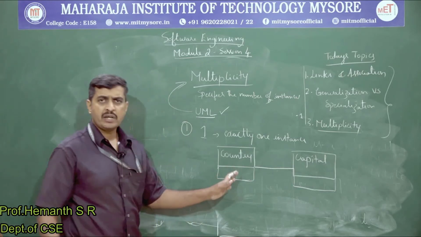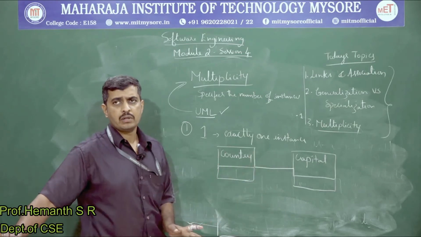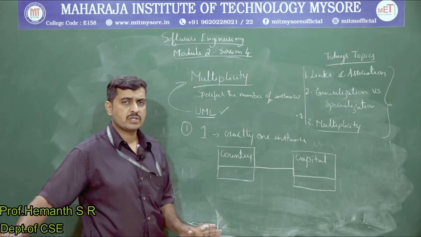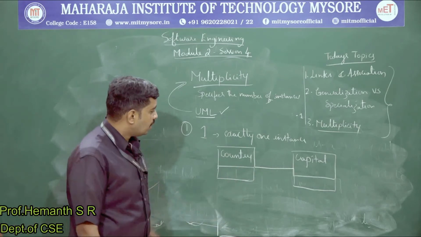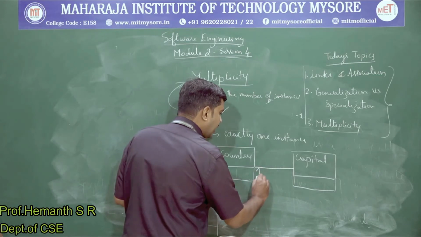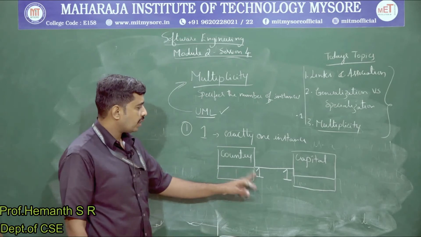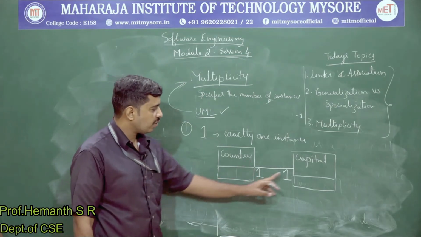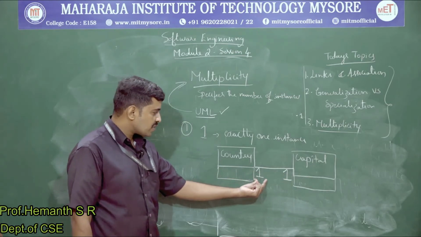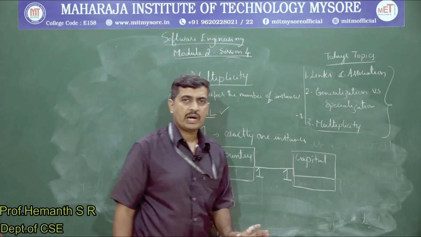Generally we know one single country can have only one capital. We cannot have more than one capital city in a country. That is the basic general knowledge. So in this case, I can mark this 1, meaning that any one specific country across the globe will have only one capital.